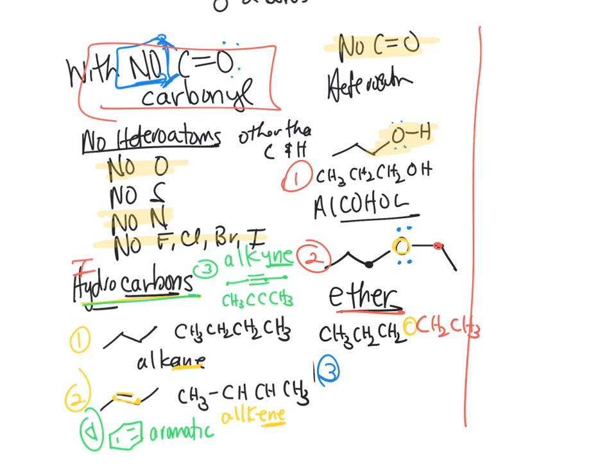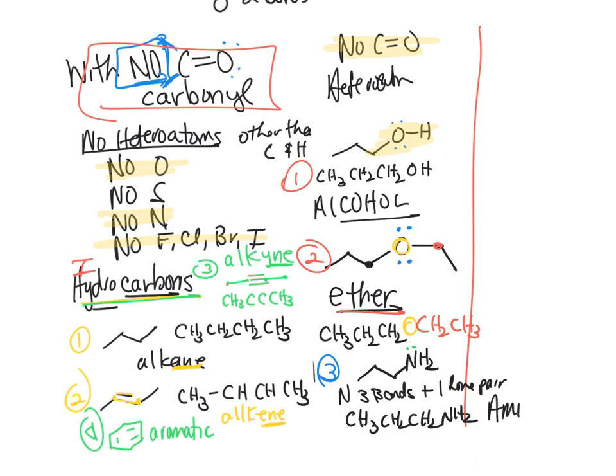So if you have something just like this, NH2, this would have a lone pair on the nitrogen. So what is nitrogen's bonding pattern? Nitrogen likes 3 bonds plus 1 lone pair. If you do the condensed formula, CH3, CH2, CH2, NH2, this is called an amine.